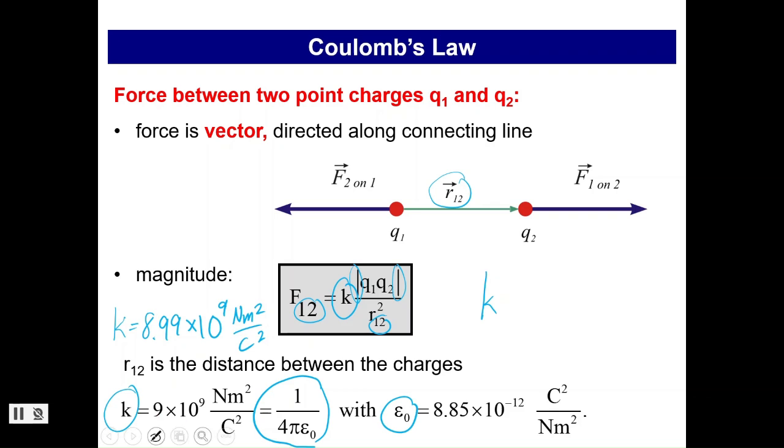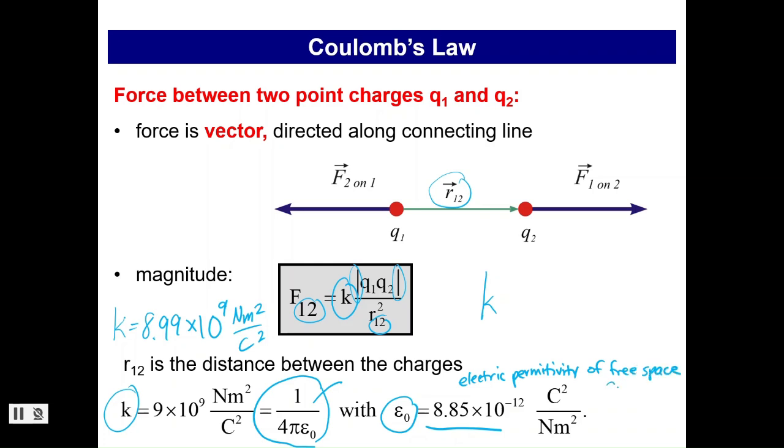We use k most often when we're doing Coulomb's law, and we'll tend to use the 1 over 4 pi epsilon naught when we use Gauss's law later in the unit, because of the way the derivations work with Gauss's law. But this epsilon naught is 8.85 times 10 to the negative 12th C squared over newton meter squared. That is what we call the electric permittivity of free space.